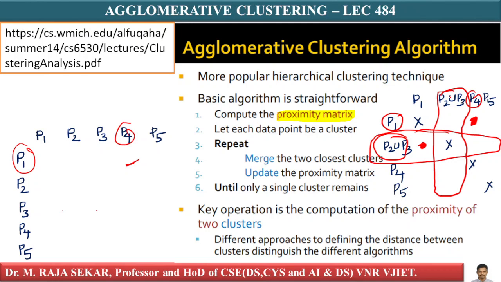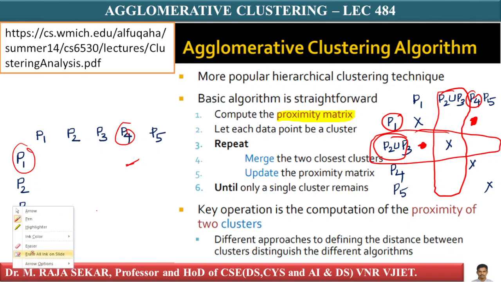You need to compute the distance between p4 and p2 union p3. That is the update stage. So the repeat loop is simple: we merge the two clusters, you update the proximity matrix, and keep doing this loop until only a single cluster remains.